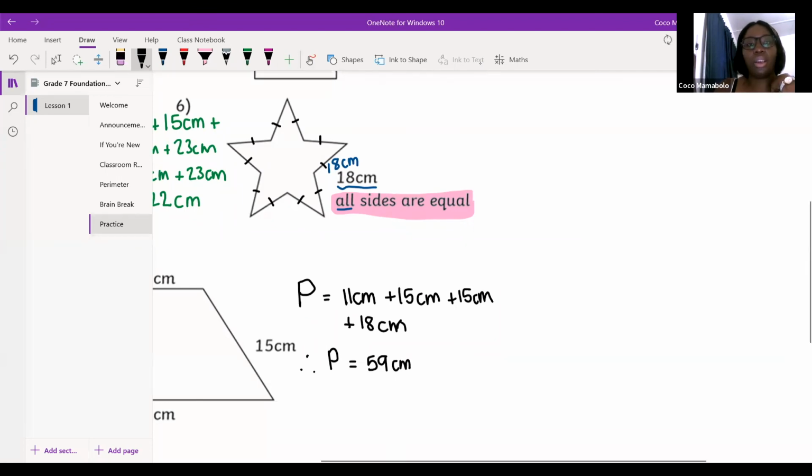Okay. Now, if I have 10 sides and all the sides are equal at 18 centimeters, how much is my perimeter going to be? Thank you, Keisha. I know I'm not talking to just one person in the class or two.